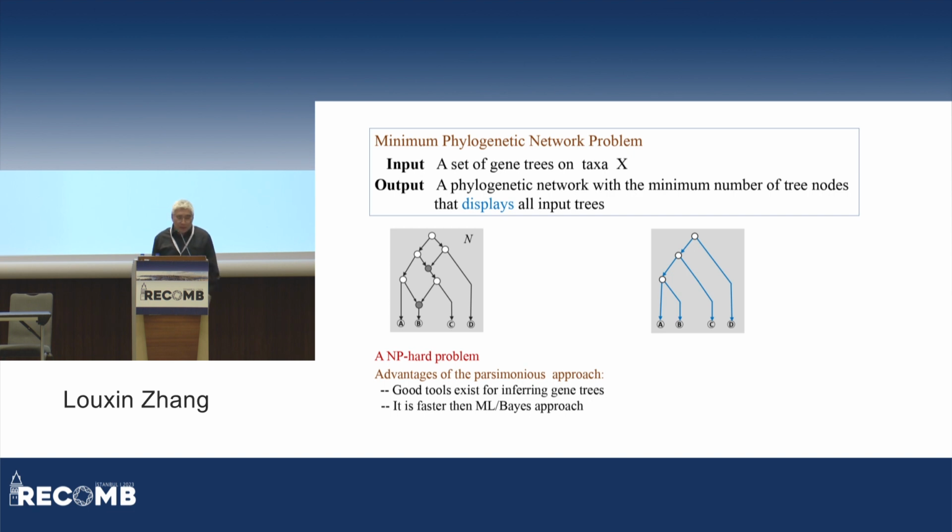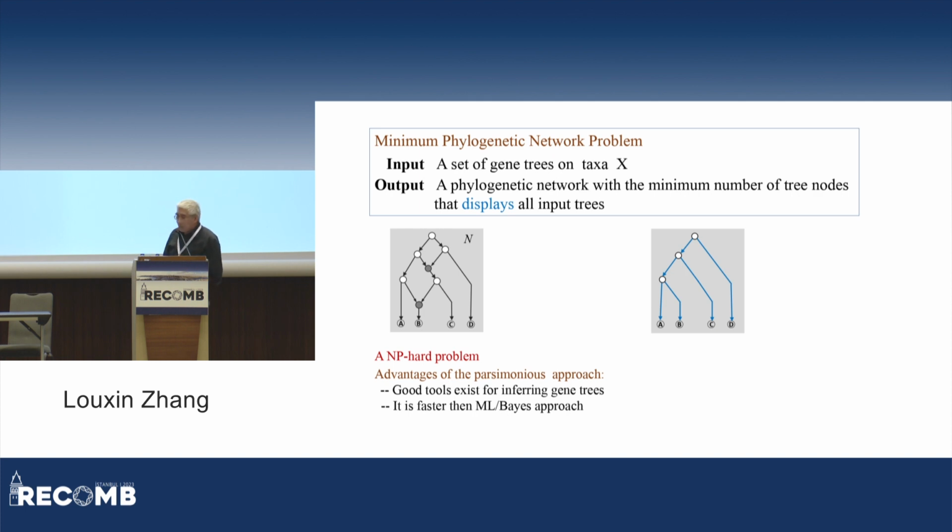This is a popular string problem in computer science. The input is a set of strings. The output is a shortest string such that every string Si can be obtained from the shortest string by removing some symbols. It's a very standard CS problem.